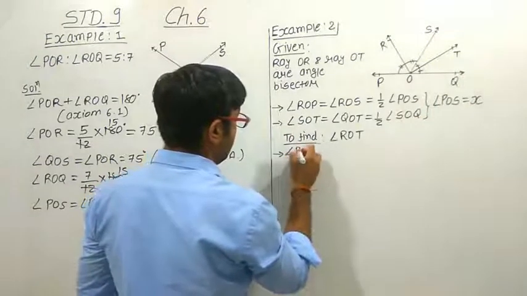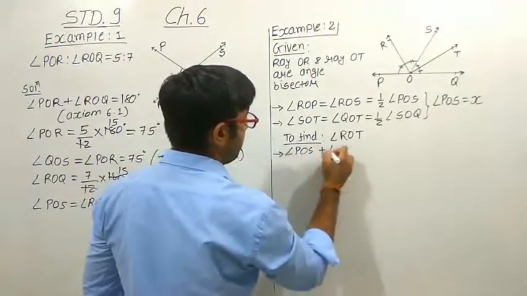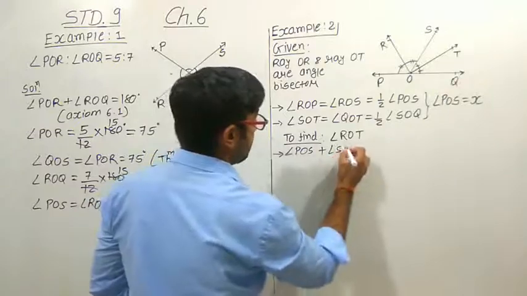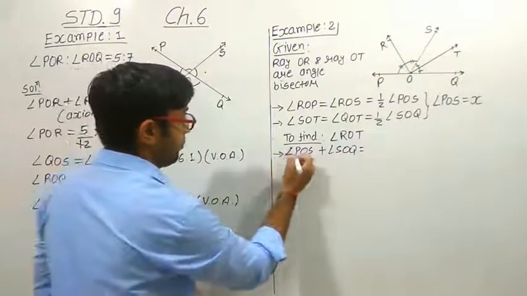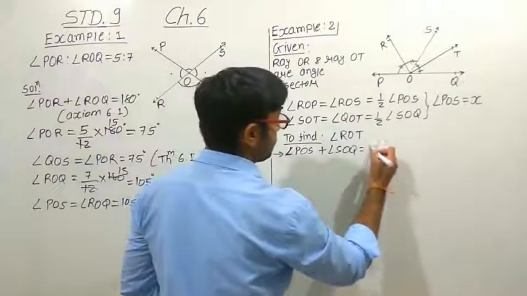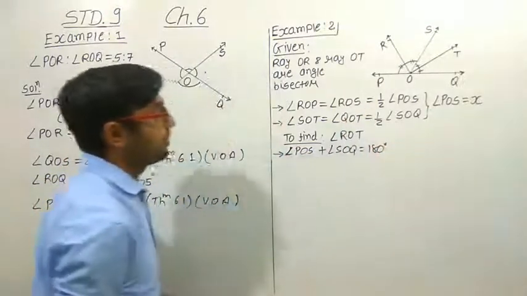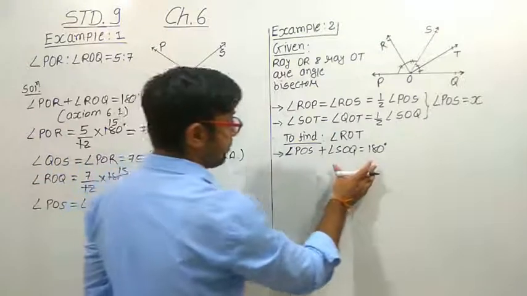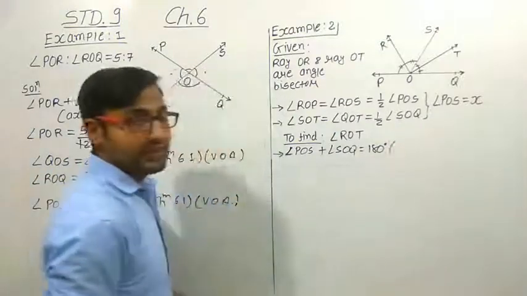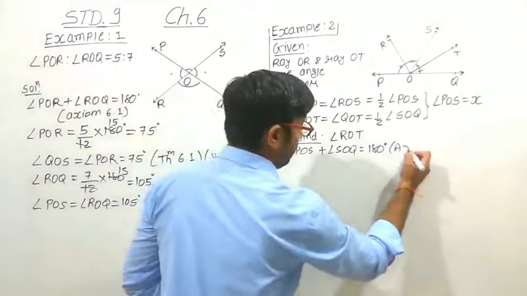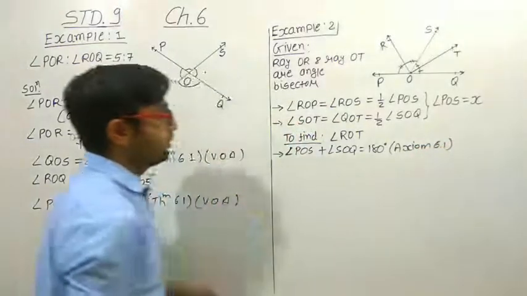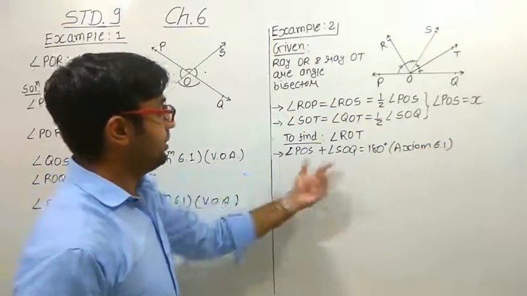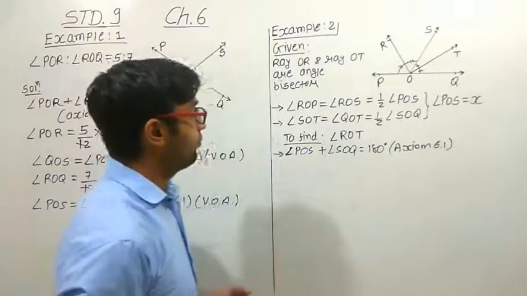Angle POS plus angle SOQ is equal to 180 degrees, because both are on the same line. So here we use axiom 6.1: the total is equal to 180 degrees.